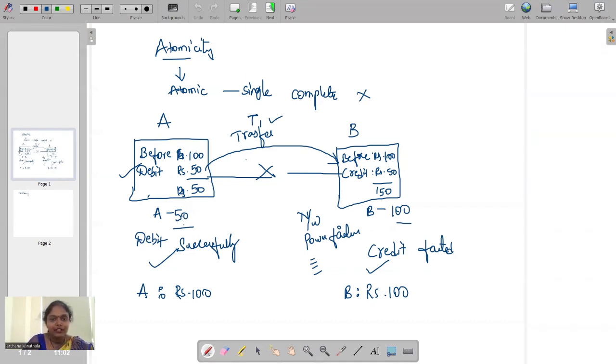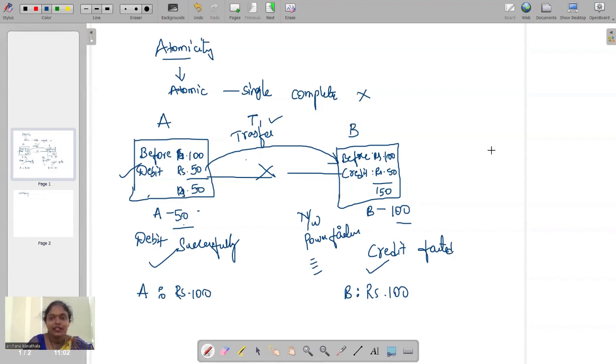A has 50 as the remaining value. B has 100, because actually it should be 150, but it was reflected as 100 as the credit operation was left pending. So this is called an inconsistent state of the database.